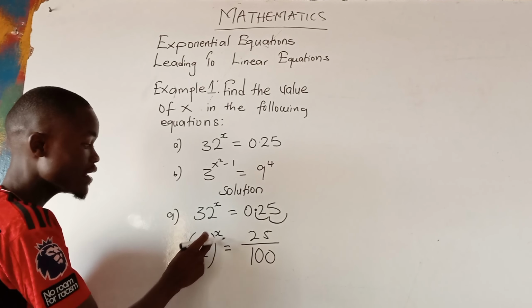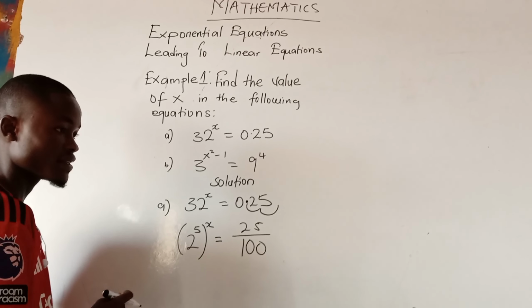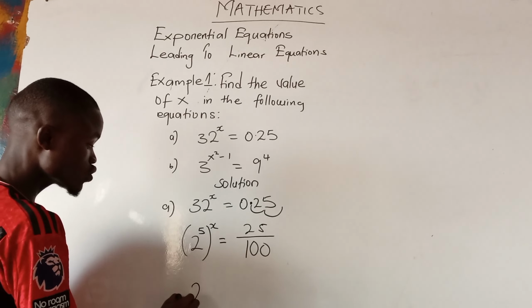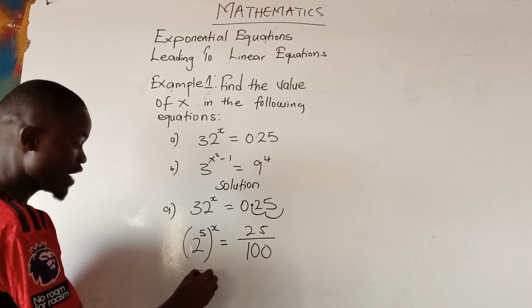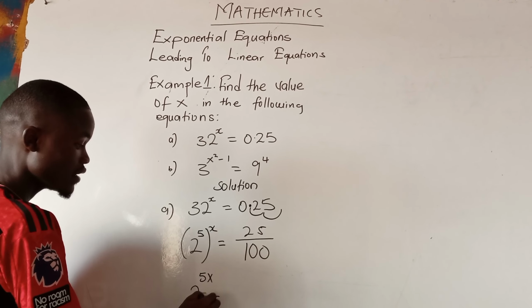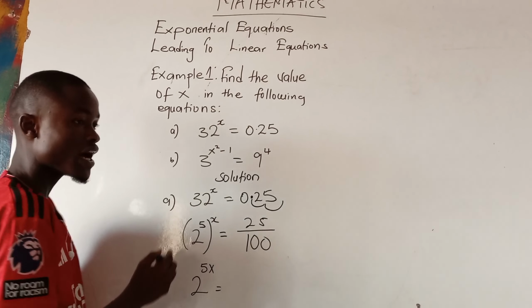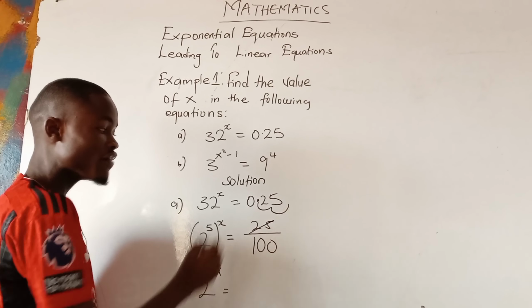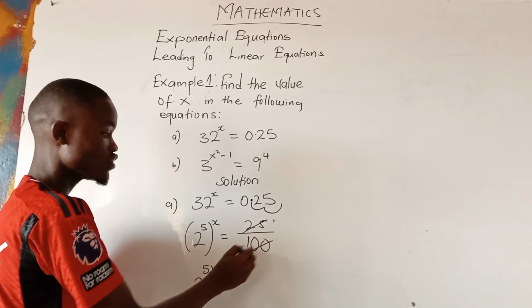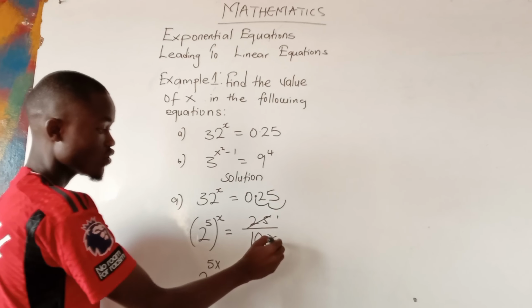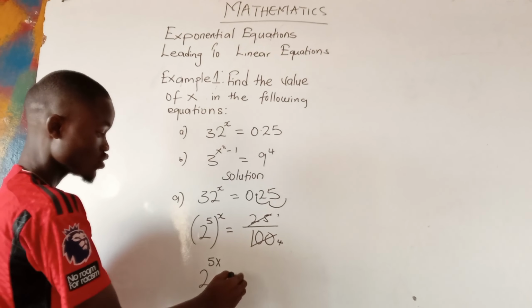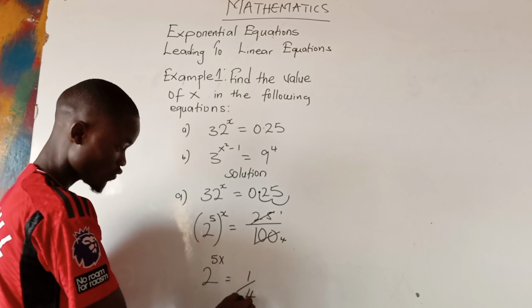So you multiply the powers. So 2 raised to the power 5x equals, here 25 how many times? 1 time. Into this, how many times? 4 times. So 1 upon 4.